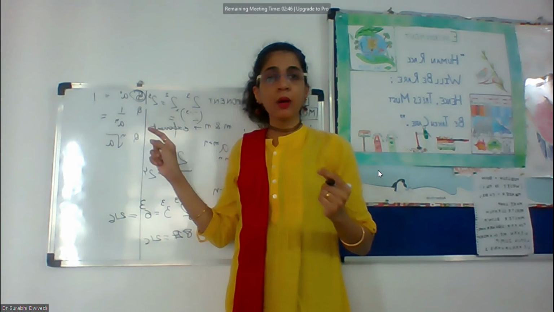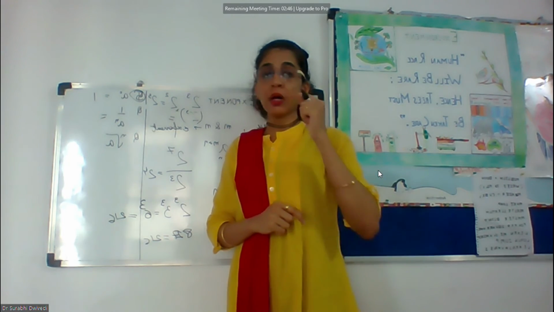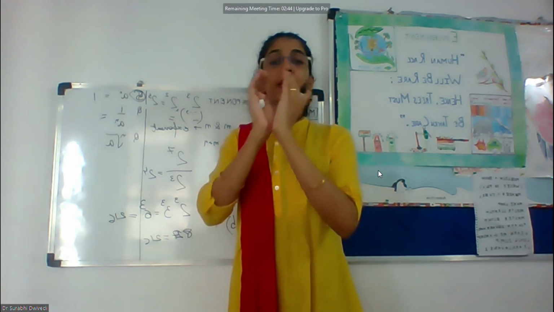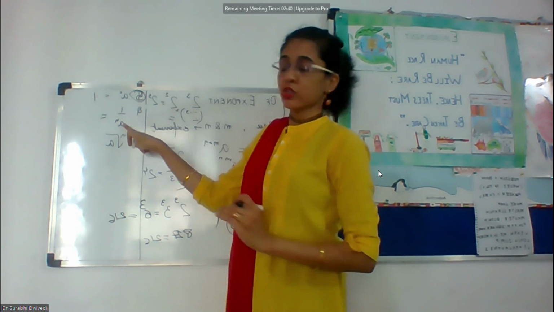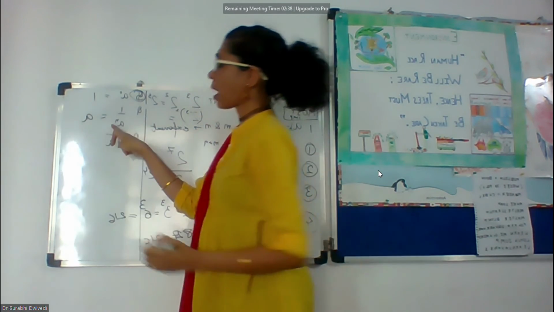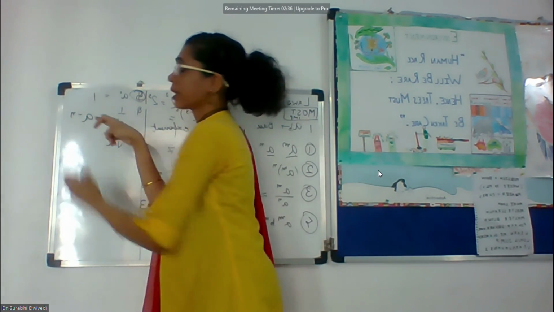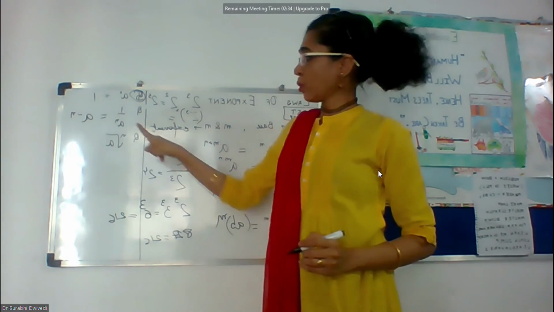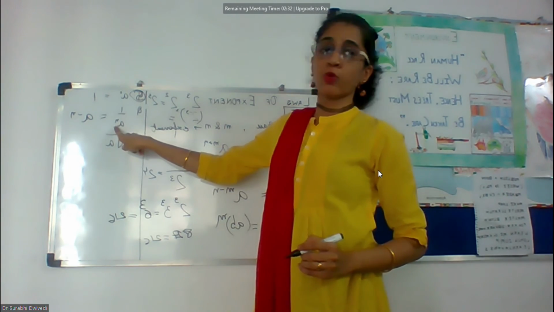Every number which is in the denominator, when I take it in the numerator, the power will turn negative. Again, this is an important concept. So if you take the base up, the exponent will become negative.